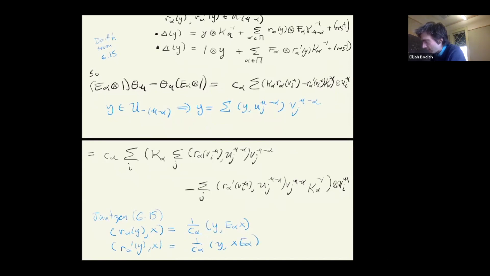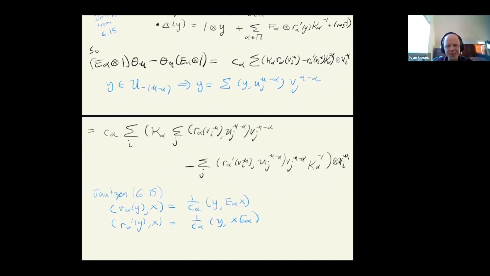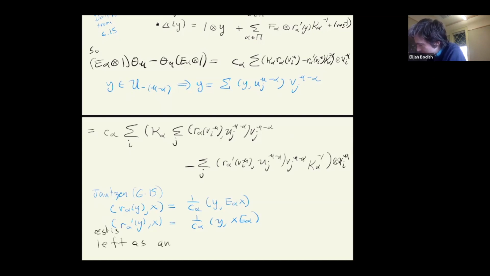So you can see that this exactly allows us to move our E alphas from one side of the thetas to the other, basically. So maybe we'll just leave the rest as an exercise. Basically, you use this formula to move them to the other side, and then use dual bases type tech. Use the argument backwards to re-expand it is what we want. So the rest is left as an exercise.